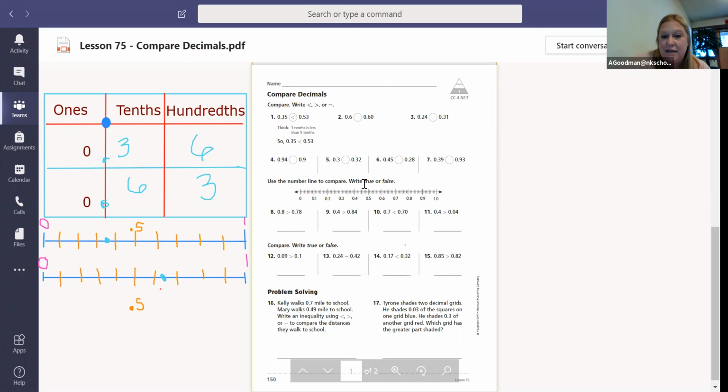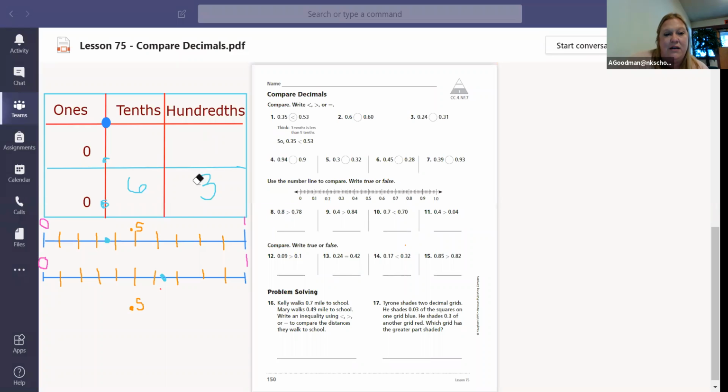Use the number line to compare, write true or false. Okay, let's look at one of those. So they're saying that 0.8 is greater than 0.78. So let's look at that on the place value chart.